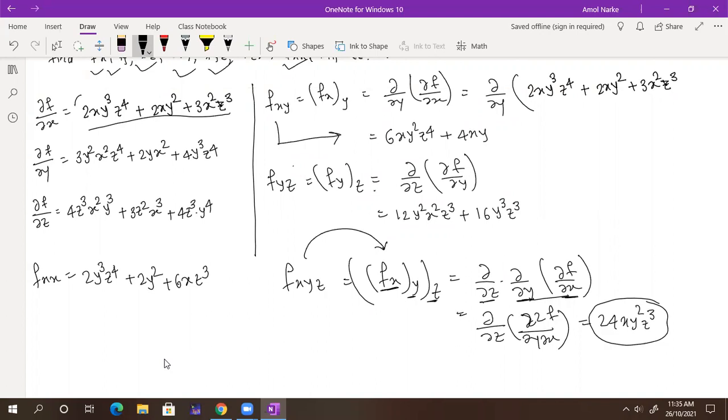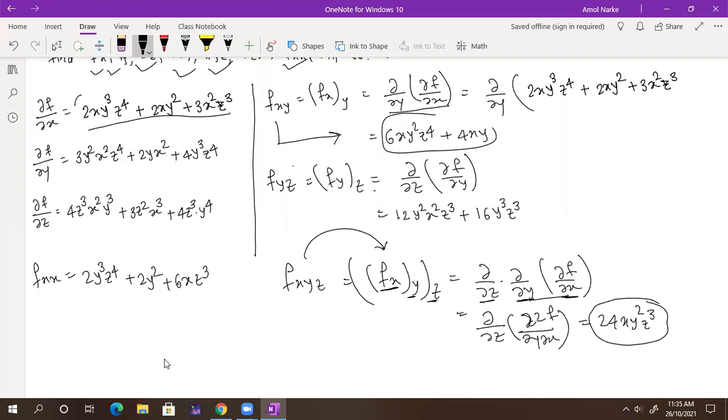So I club that two. Either you can directly find it here by x, you have this value, put it here, and again find with respect to y. Because I calculated some already, ∂/∂y of ∂f/∂x, if I club that, I get this value.